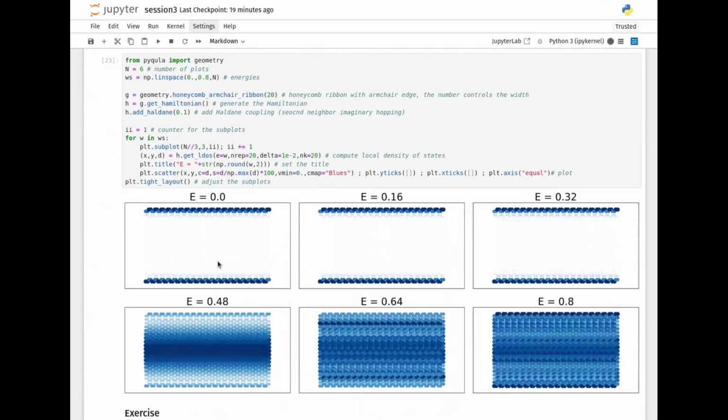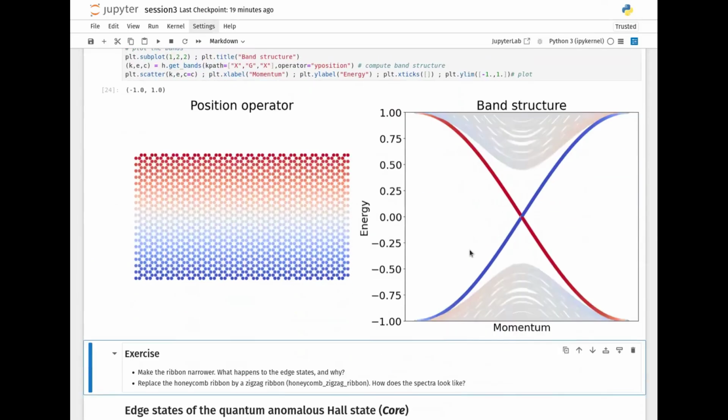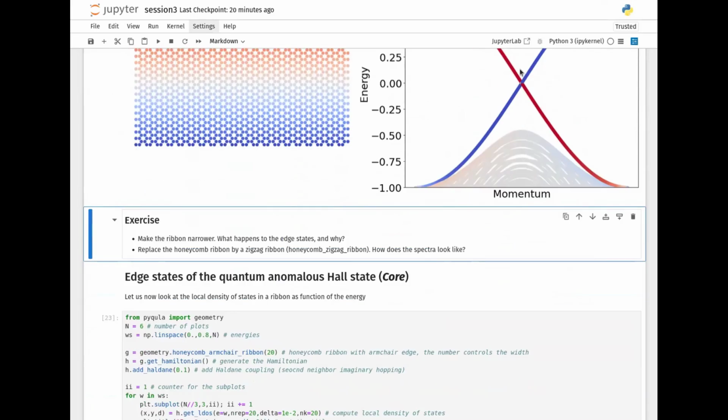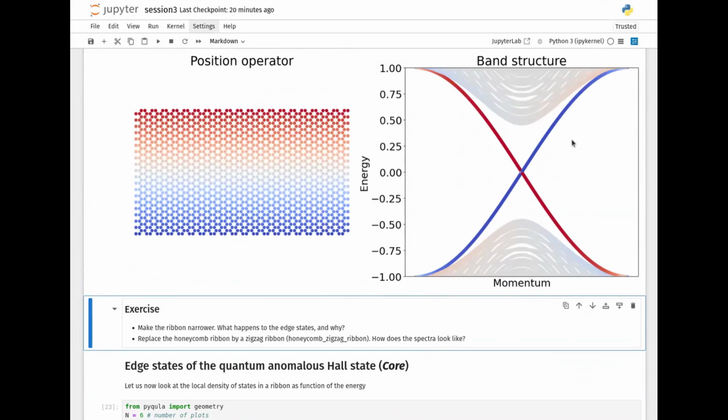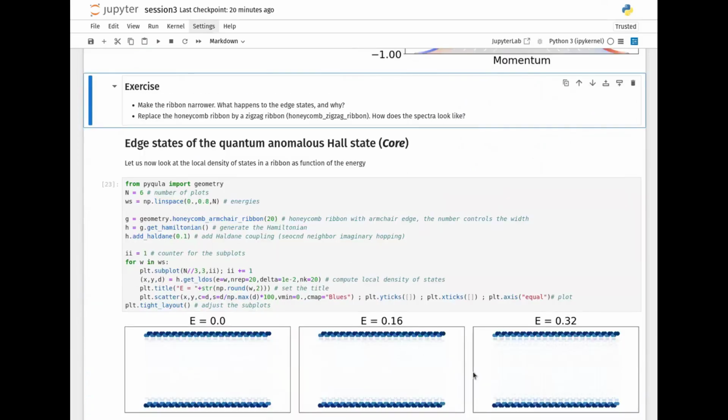While this loads, we can already notice something. As we go from energy 0 to 0.16 to 0.32, we still see edge states, right? And this is something that you can also see in the band structure. At 0, 0.16, and 0.32, we are all the time inside the gap, and we are all the time crossing these states, and therefore that's what we see here.